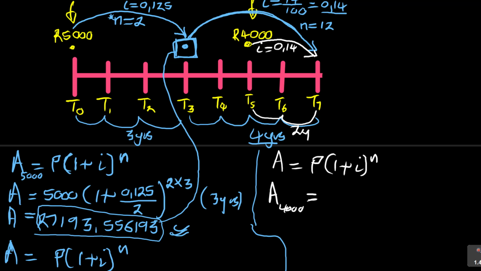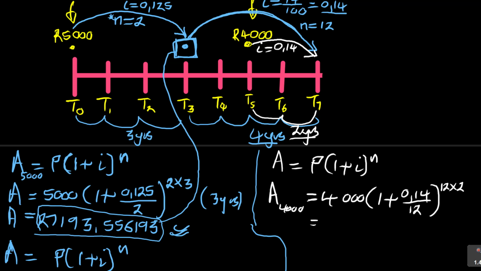So the 4,000 was in the bank for 2 years. So our P now is 4,000. This also has got its own growth, which is 1 plus I. Remember, the interest rate didn't change for the two amounts, and the compounding was still 12, and then you multiply by 12. How many years left? It's 2 years. If you master it, it won't give you a problem.